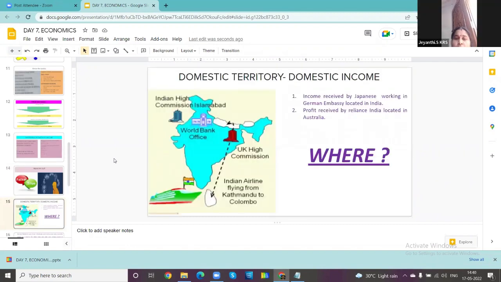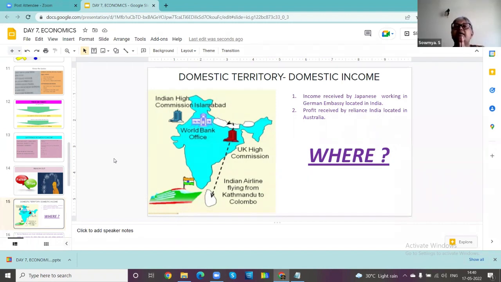So this is another major area where children go wrong. They do not know how to treat the item, whether a particular item will be part of the domestic income or part of the national income. Whether it's included, whether it's excluded. They have a big problem with this.